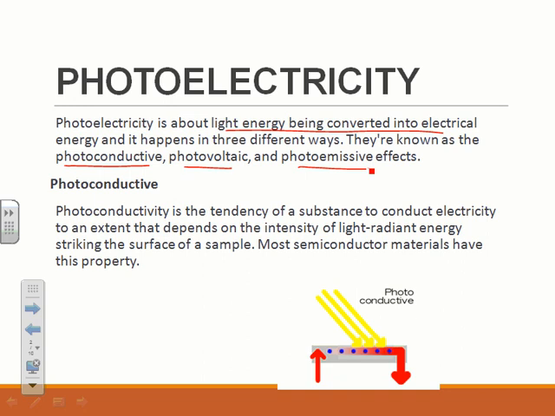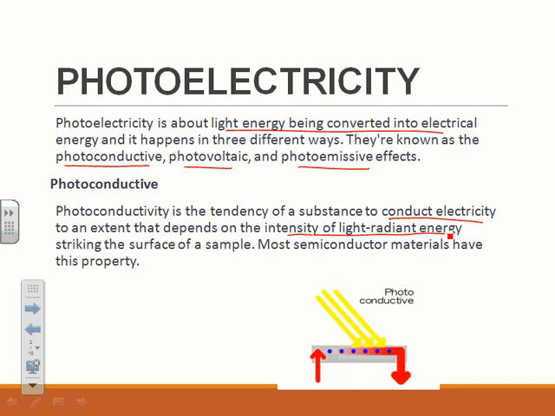The first one is called the photoconductive effect. Photoconductivity is the tendency of a substance to conduct electricity to an extent that depends on the intensity of light radiant energy striking the surface of a sample.